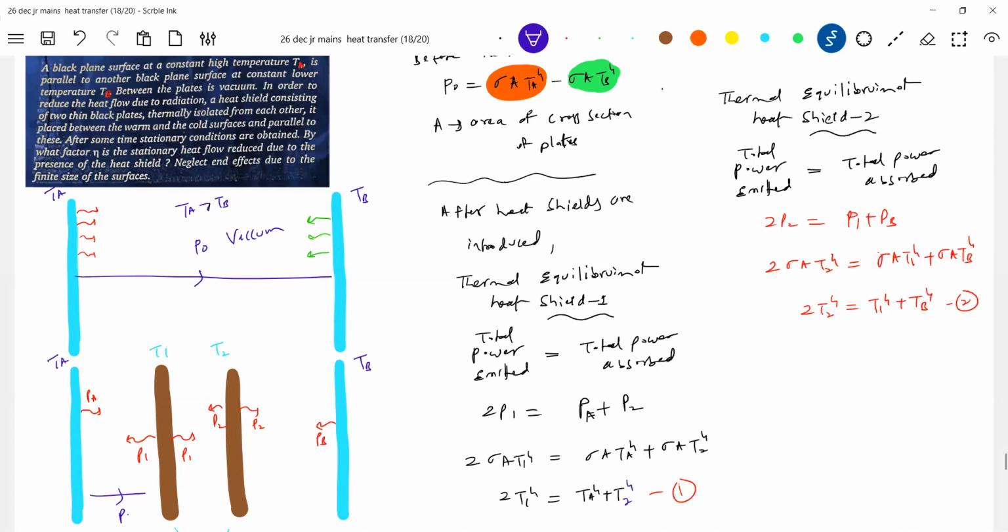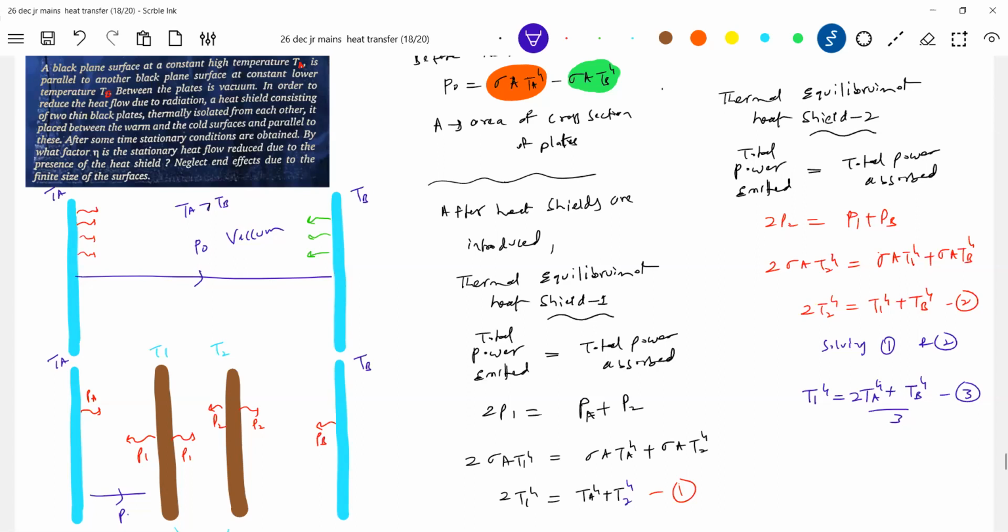Solving, T1 will be 2TA to the power of 4 plus TB to the power of 4, divided by 3. Let it be; after solving I'll end up with this one. So call it equation 3.